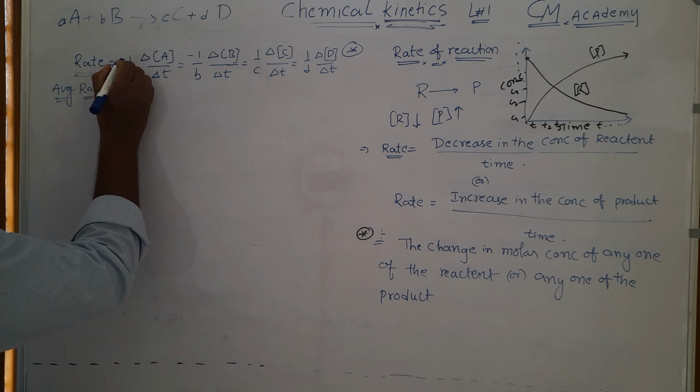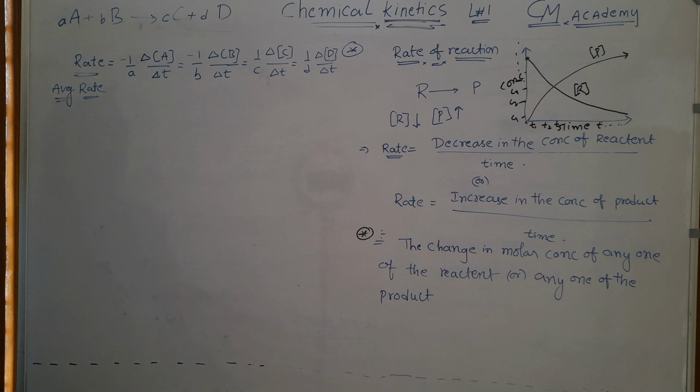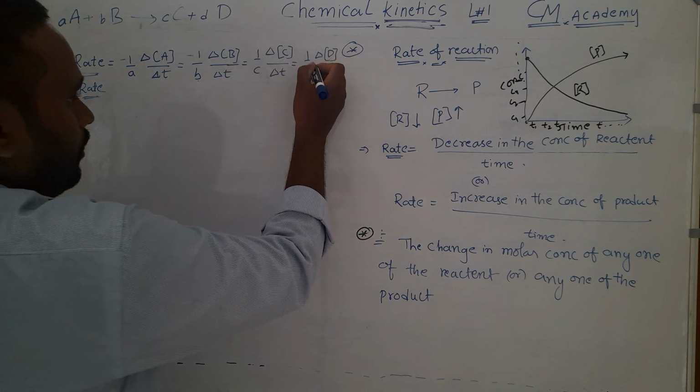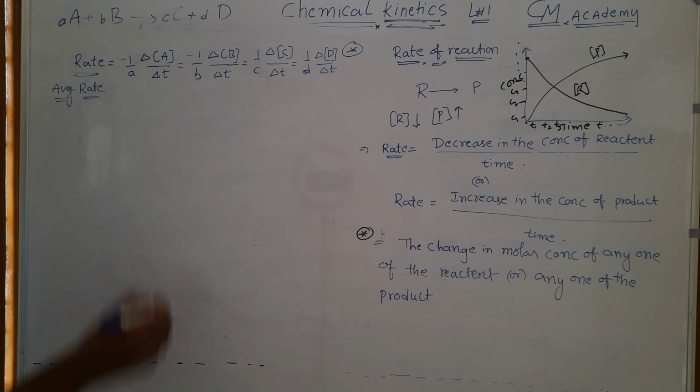And why are we writing a minus sign when writing the rate of reaction with respect to a reactant, but no minus sign when writing it with respect to the concentration of products?